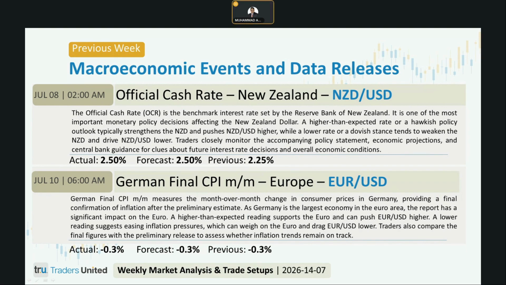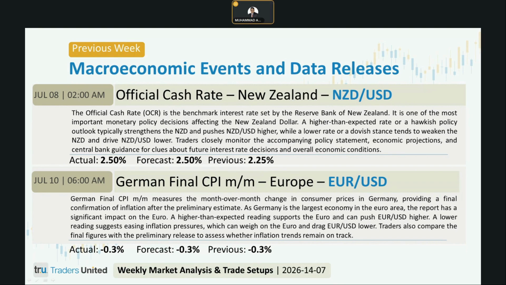So overall analysis is the Reserve Bank of New Zealand raised the official cash rate to 2.5%, matching market expectations and increasing it from the previous 2.25 number. Although the decision itself was widely anticipated, NZD USD moved higher after the announcement as traders responded positively to the Reserve Bank of New Zealand policy outlook and broader US dollar weakness.